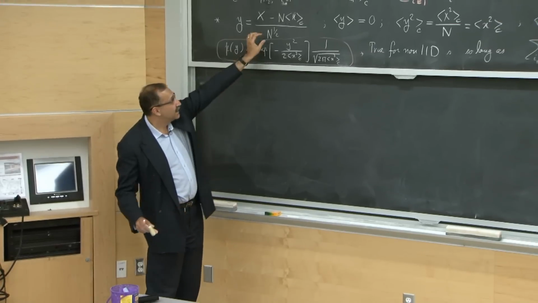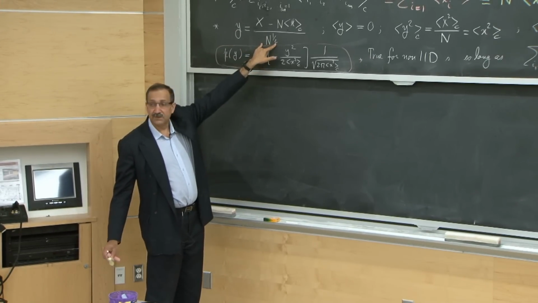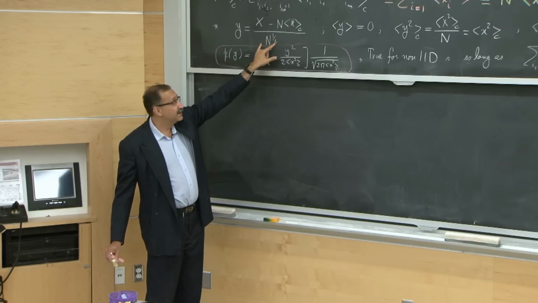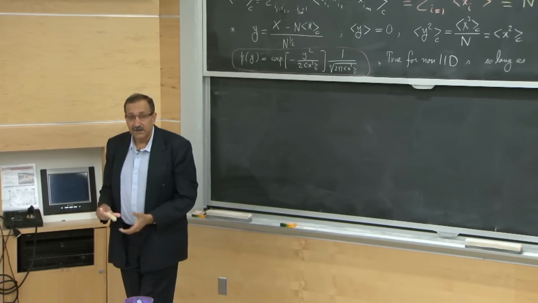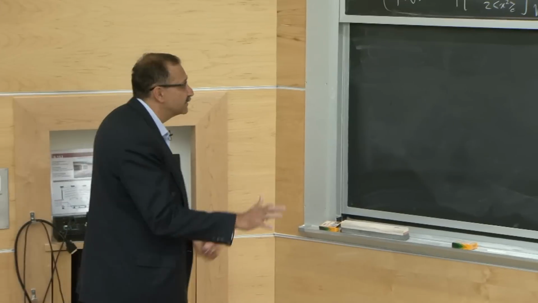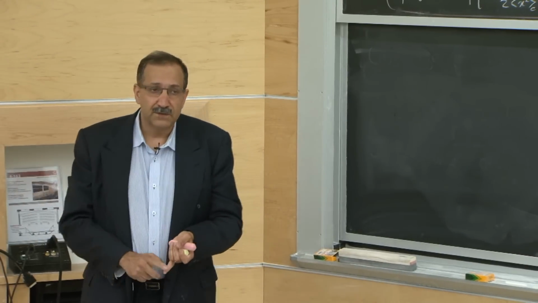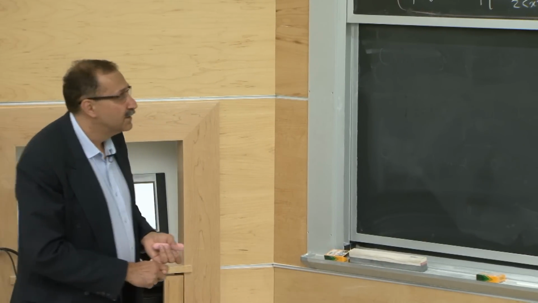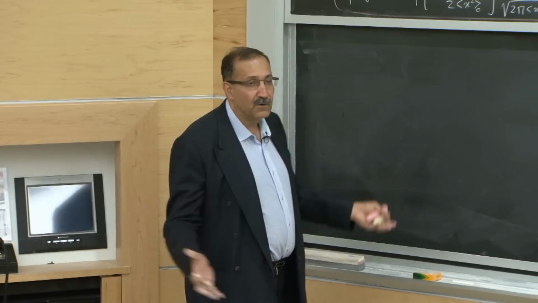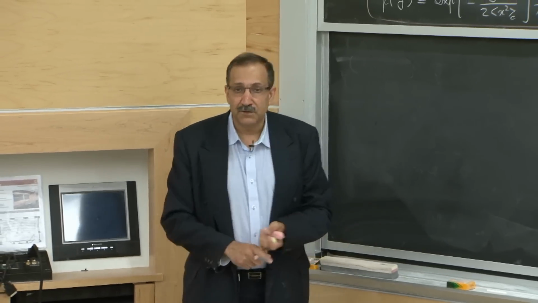But I change my scale by dividing by n to the 1/2 rather than n to emphasize that the scale of fluctuations is of the order of square root of n. This is something that generically happens: let's say we know the energy of the gas in this room to be proportional to volume, the amount of uncertainty that we have will be of the order of square root of volume.